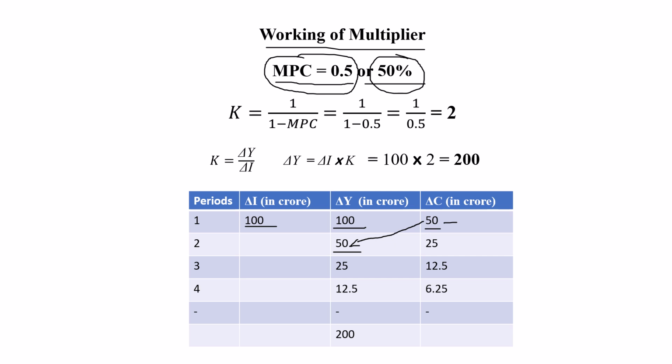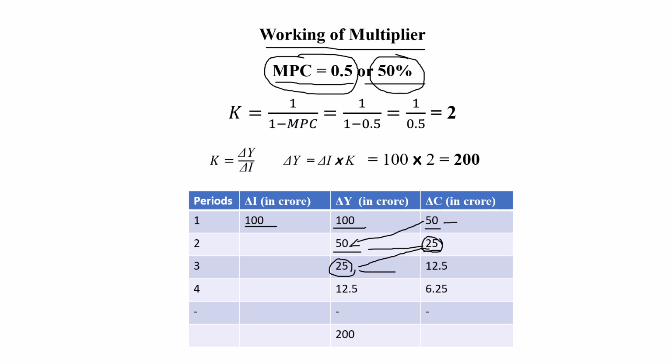Again, out of that income, half the amount, 25 crore, is spent on consumption. This person's spending of 25 crore rupees becomes income to another person.